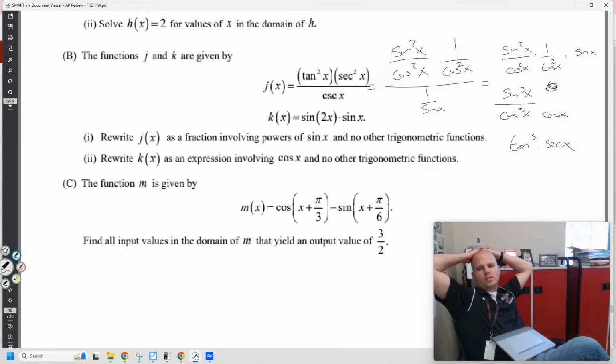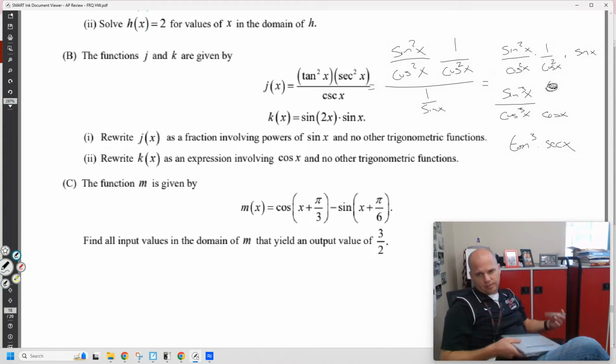They want to turn this into just sine? I'm starting over. I don't think I did anything wrong though.